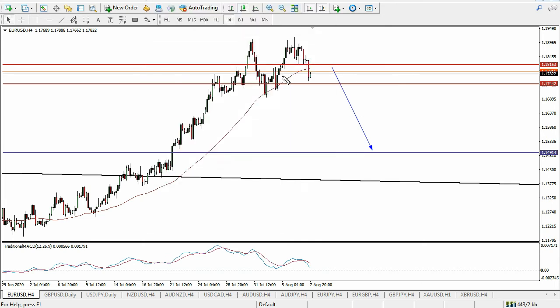I told you that I am looking for only short positions and to avoid any long position, and you see here that price created a double top and rejected from this area and went down. So the price was moving as expected. So what will be the next move? The next move of Euro USD is still a downside move.